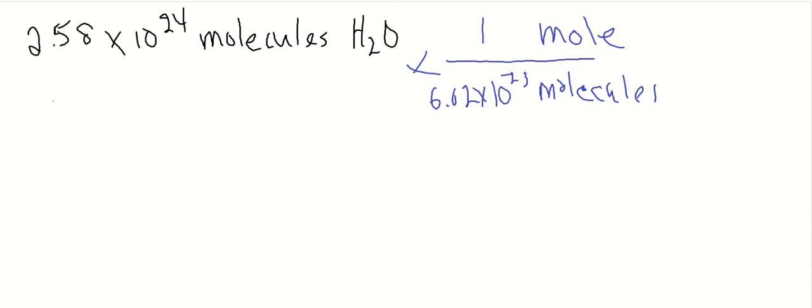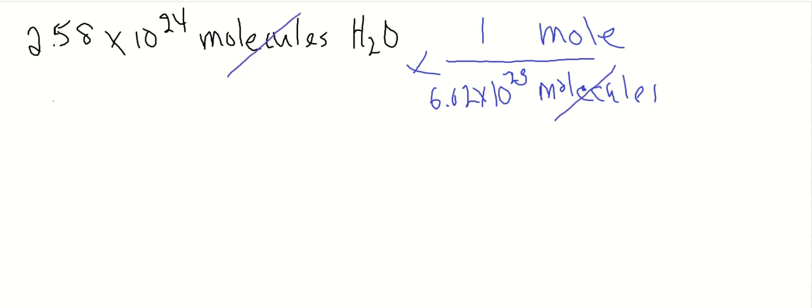Molecules, apples, bananas, oranges, and atoms, it can be anything. But 1 mole is equal to that number. Sorry, I'm trying to write on a really small screen right now. We've gotten rid of molecules and we have moles.